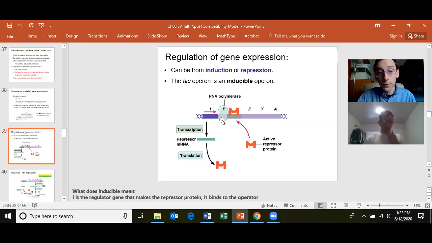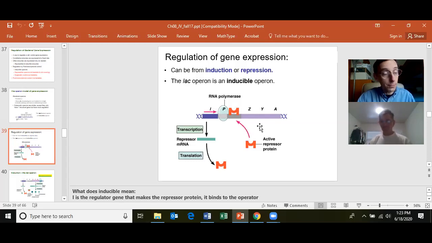Well, when it moves down to the operator and the repressor protein is bound to it, the RNA polymerase can't move any further, and it's stopped. And so it never transcribes the lactase gene or any of the other genes of the lac operon. I'm talking about structural genes. And that shuts down the lac operon. Any questions about that?